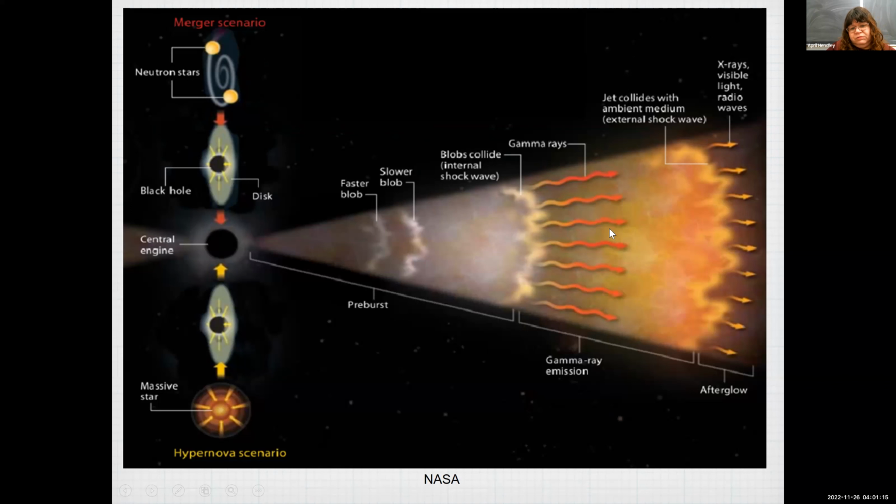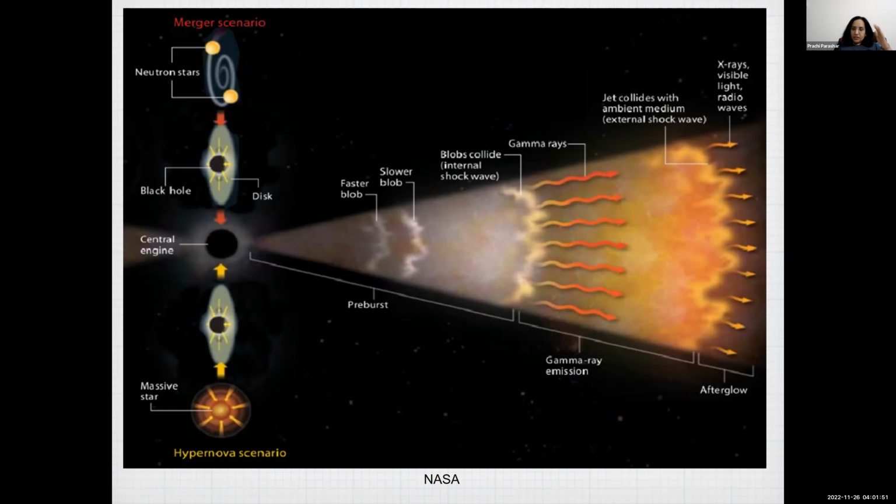Then the material moving at relativistic speeds eventually runs into the interstellar medium, gets more shocks, what's called external shocks, and that produces the afterglow. And since it's slowing down over time, the afterglow tends to start off in the X-rays and eventually become longer and longer wavelengths. So the radio tends to be at the later part of the spectrum, yeah, afterglow.